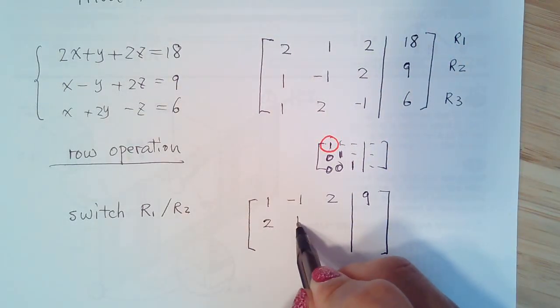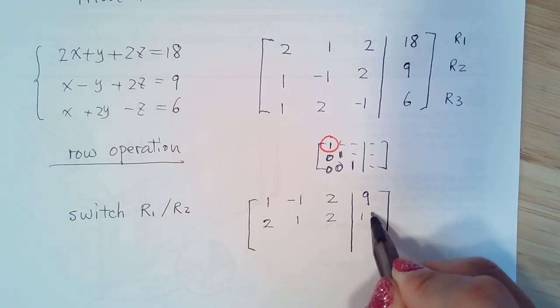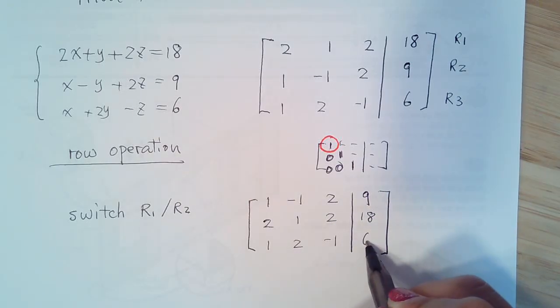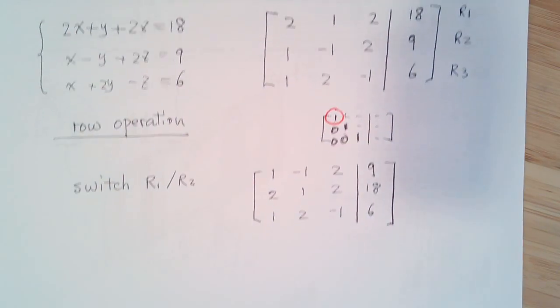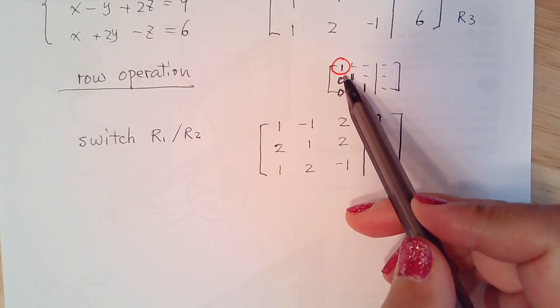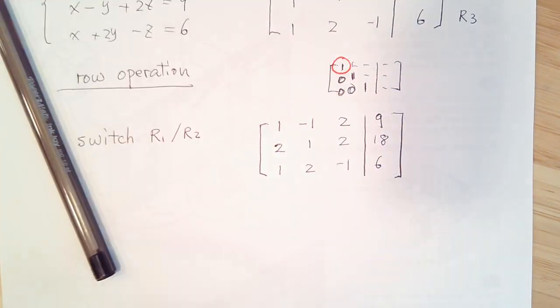Now you see why I call this a row operation. And the last row, I'm not changing it, so just keep it. So that's my first step. Done, right? My first step. See, I got that.